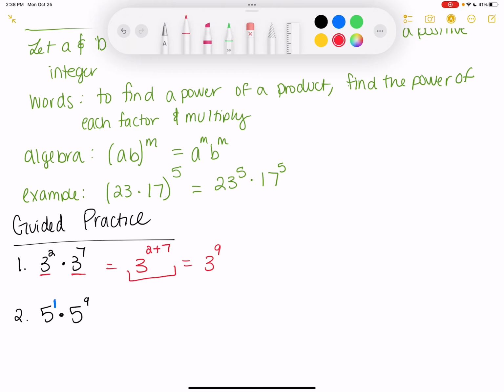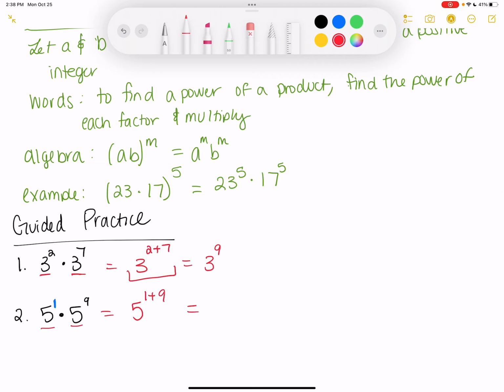You don't have to write the 1. I'm just writing it so when you look back, you can see it. But it wouldn't be wrong if we wrote 1. It's completely fine to put it, but it's not a requirement. So then I can do this as 5 to the 1 plus 9. Sometimes it is nice to go ahead and put it here because some people will forget to add that in. So it does have its benefits to writing it, but it's not wrong if you don't.